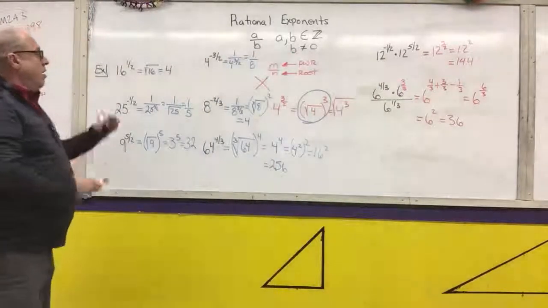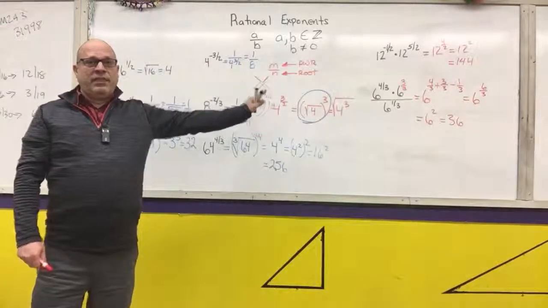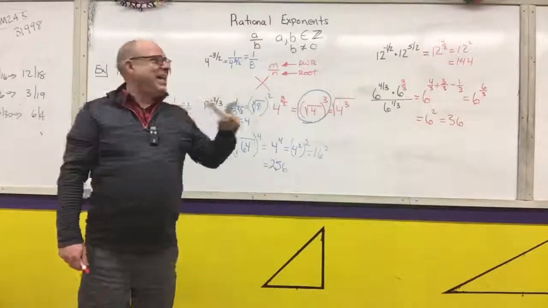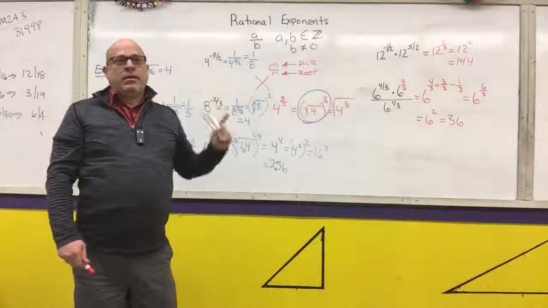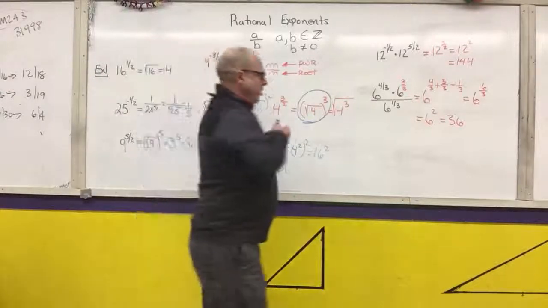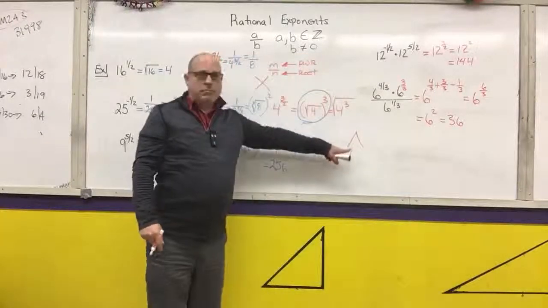Okay. Notice I did not use a calculator on any of these problems. Okay? Your calculator does not have a fractional exponent button. If you want to check your work with a calculator, what you're going to do is raise whatever number.